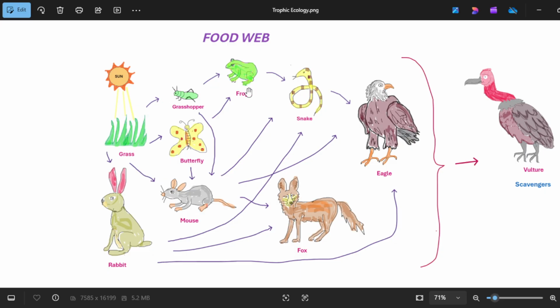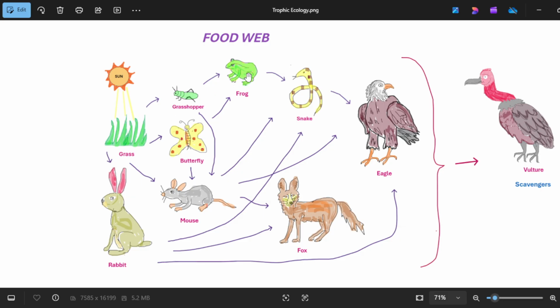We have several food chains which are all interconnected because one organism does not depend on a single organism for its food. For example, the eagle consumes the snake as well as the rabbit. The fox consumes the mouse as well as the rabbit. The rat consumes butterflies or it consumes grass.